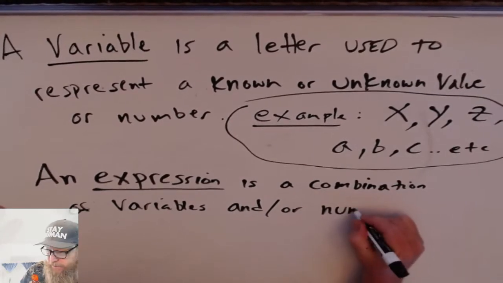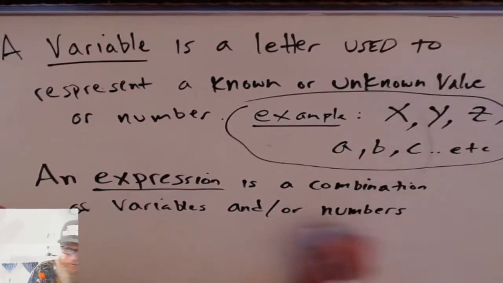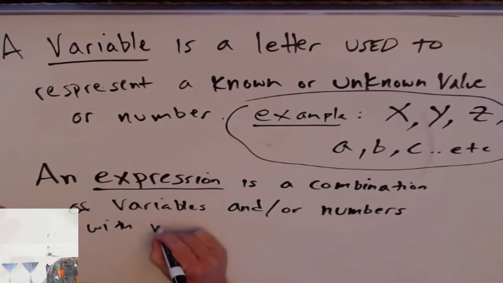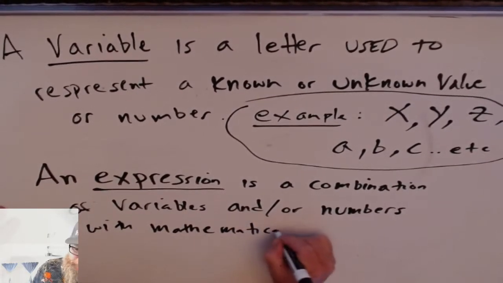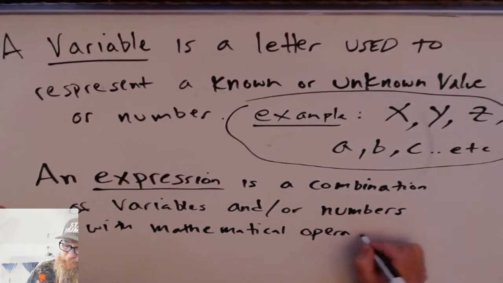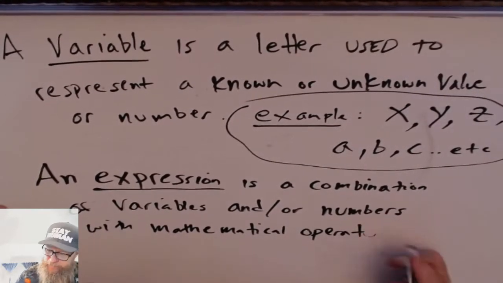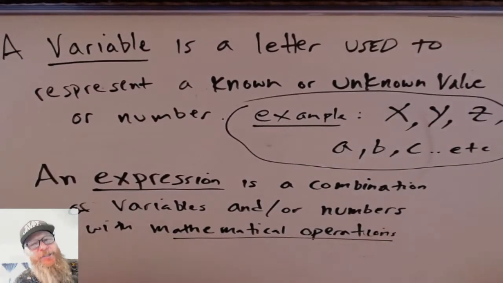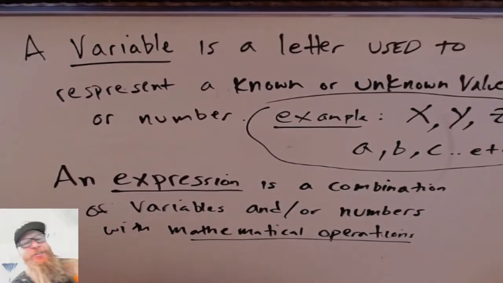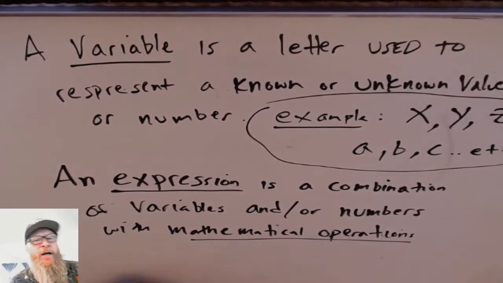You can have one or the other or both. And when I say the mathematical operations, I mean the ones that I just discussed a minute ago: addition, subtraction, multiplication, and division. Eventually, probably in the next lesson, we'll get into exponents and things like that.